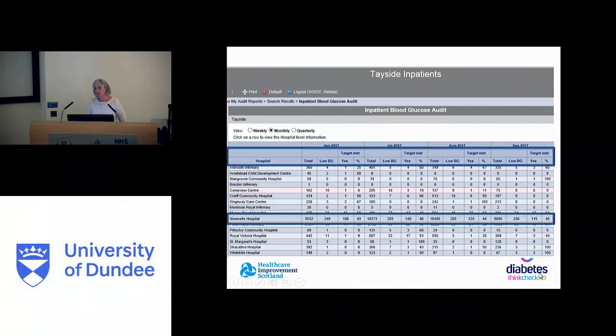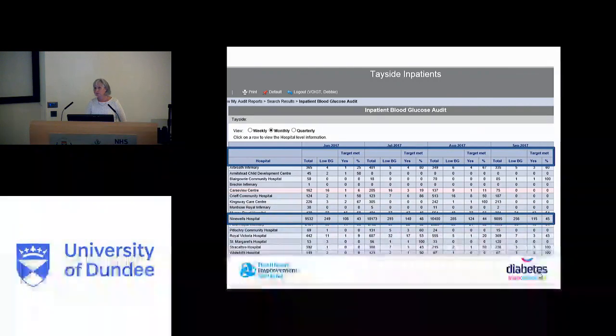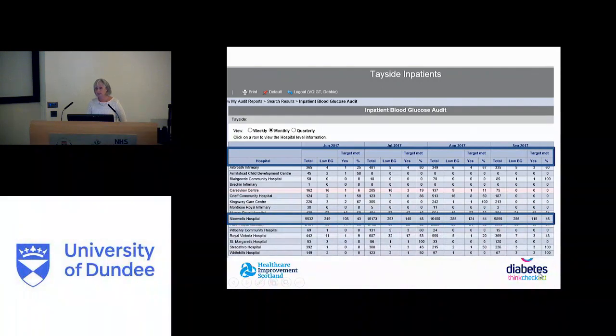If you're hypoglycemic in a ward, you expect the right treatment to be available and given. You expect to have your blood glucose level checked in 15 minutes and have your hypoglycemia resolved at least by 1 hour. And you can see that we're pretty hopeless at doing that.